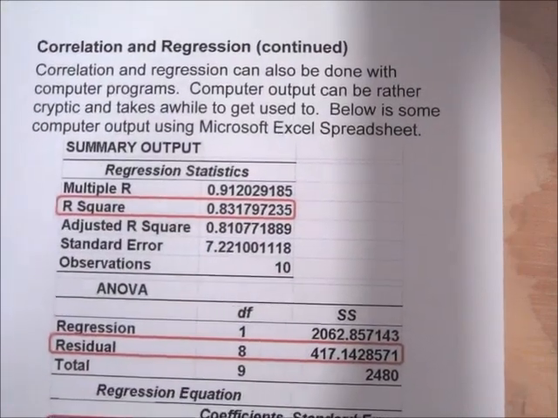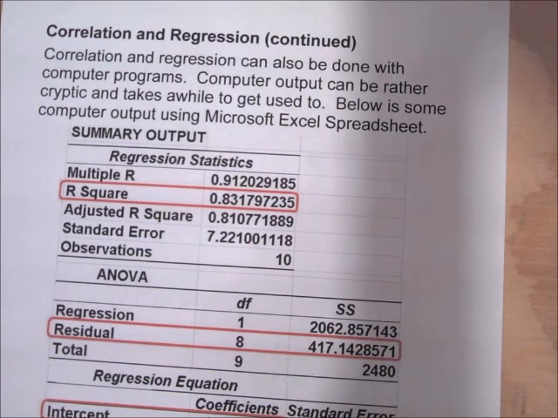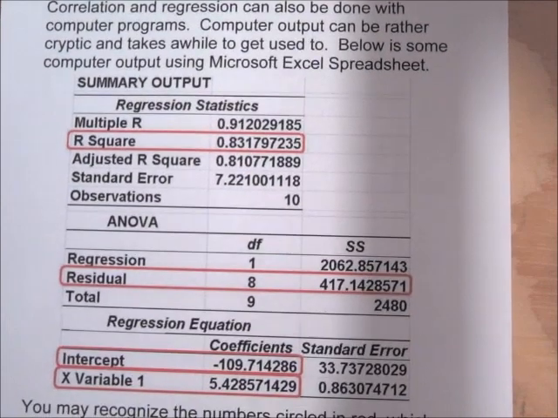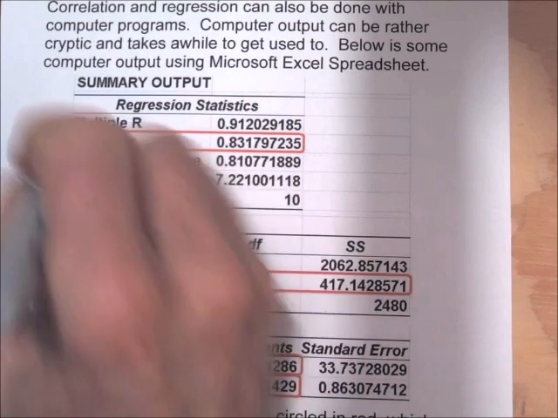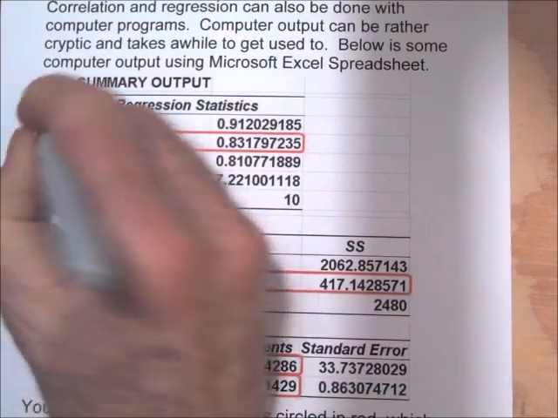Okay, some of the exercises in WebAssign have computer output and ask you to read the computer output to identify the different statistics. So this output here is from Excel, and this is R squared, 0.83. That agrees with what we had before. This is R squared.